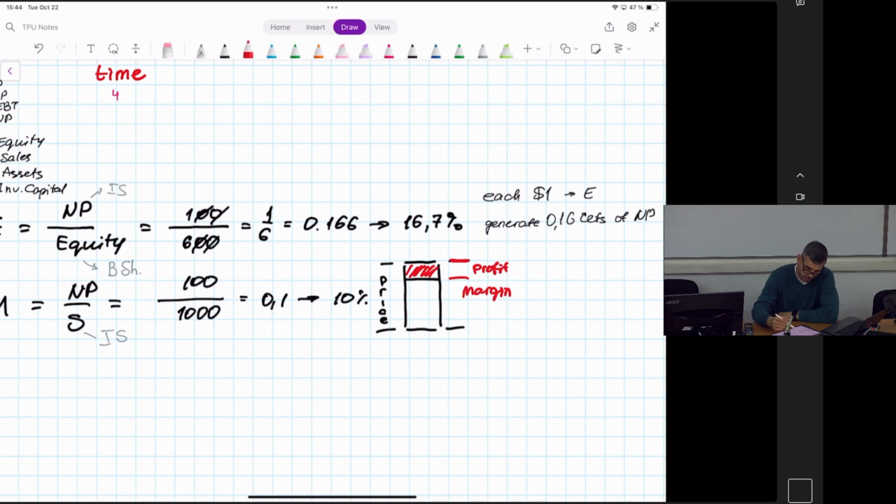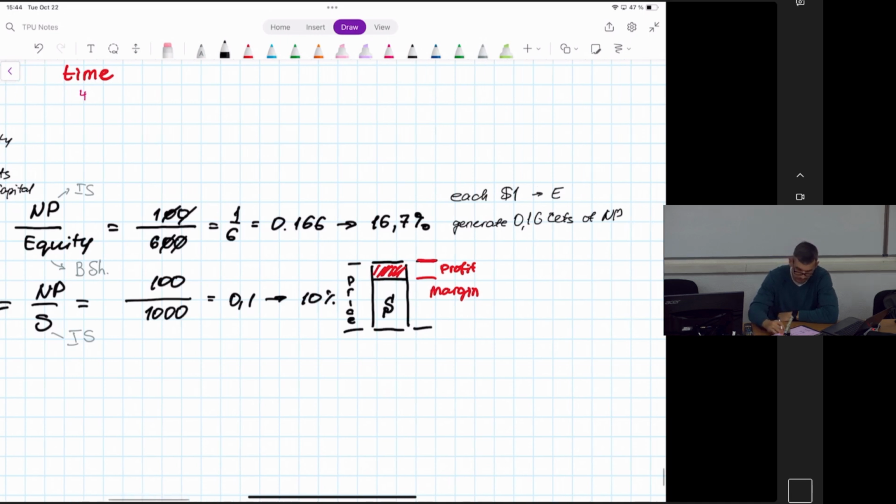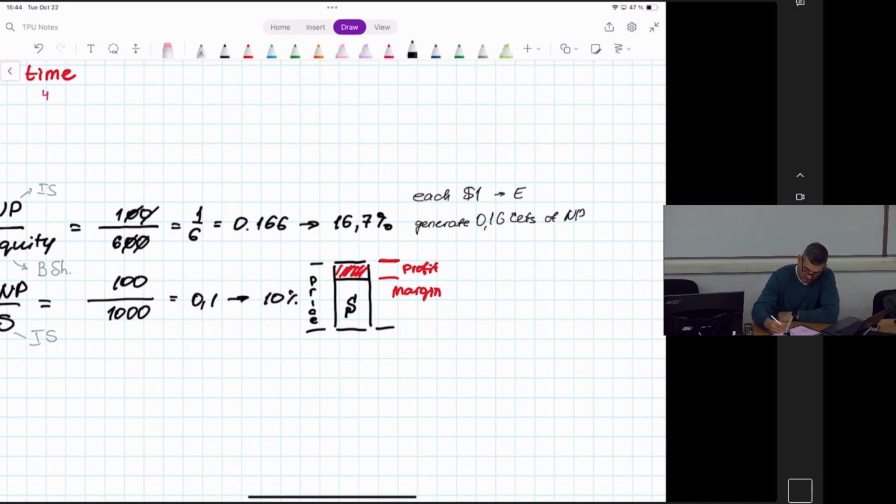So all you need to remember is that it is connected with sales. Profit margin is net profit over sales. Again, here I can say for each dollar generated in sales, I earn 10 cents in net profit.